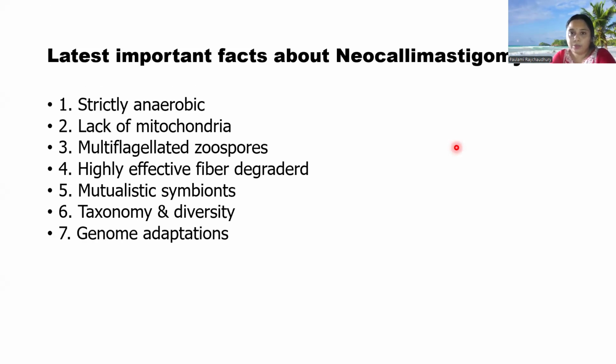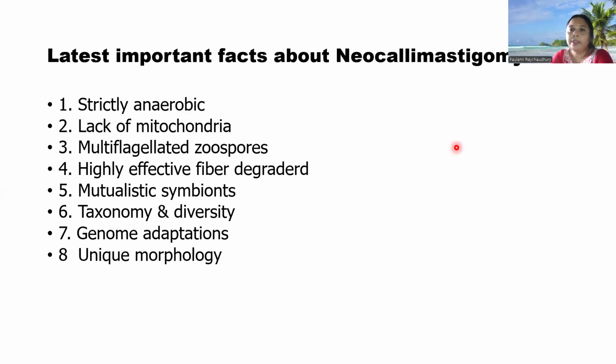Genome adaptations: small, AT-rich genomes. Horizontal gene transfer, HGT, from bacteria is observed, especially genes for plant polymer degradation. Genome studies reveal loss of mitochondrial genes and expansion of carbohydrate active enzyme families.